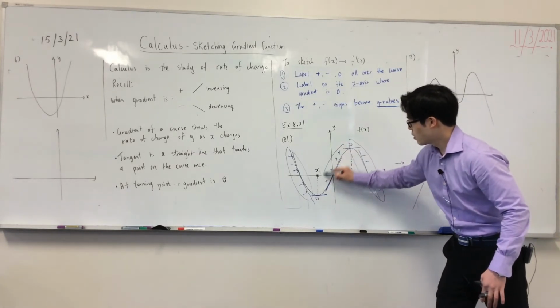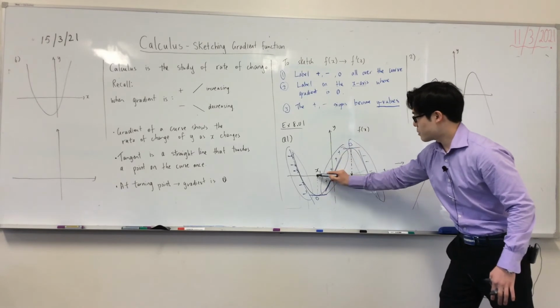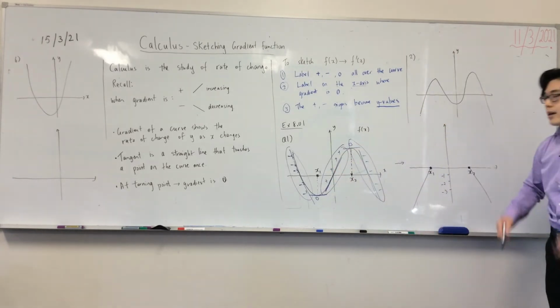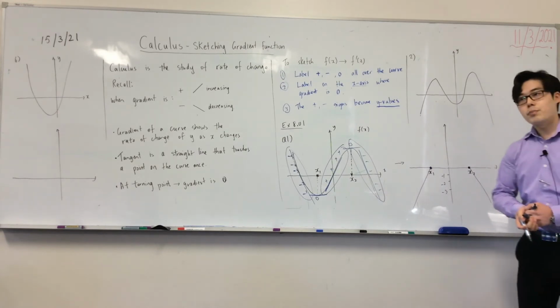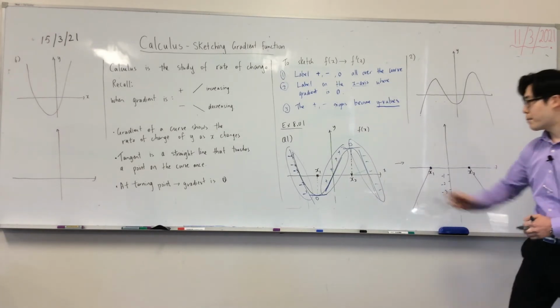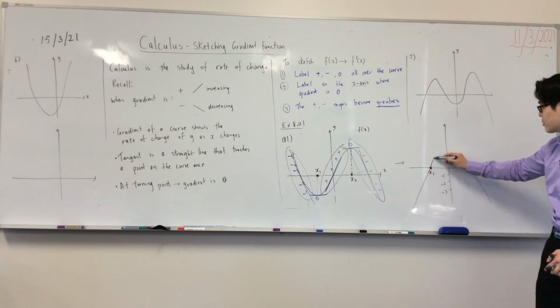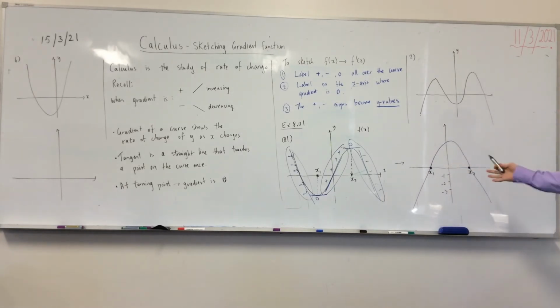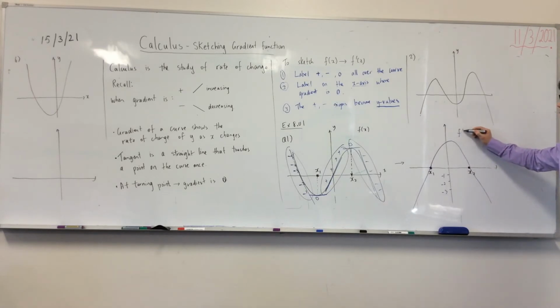All of the values between x1 and x2 are positive, which means they are going to be above or below the x-axis? Above. So just connect it. It just needs to be a curve. You're just connecting the dots, basically. So this is your graph of f dash x. F dash means gradient.